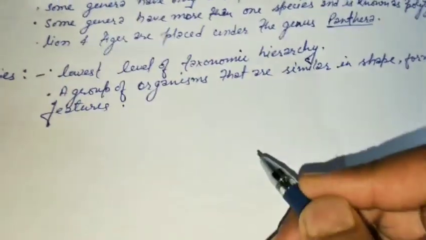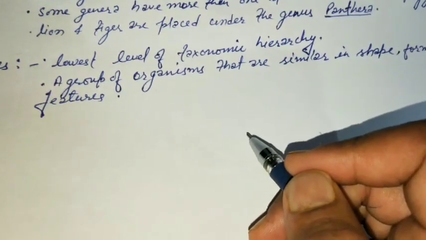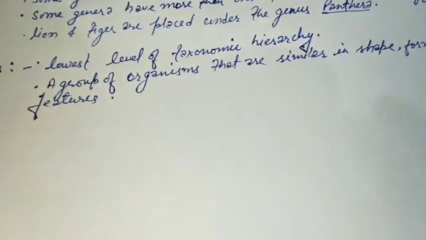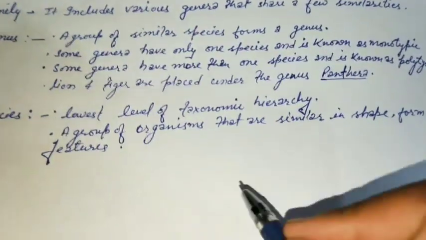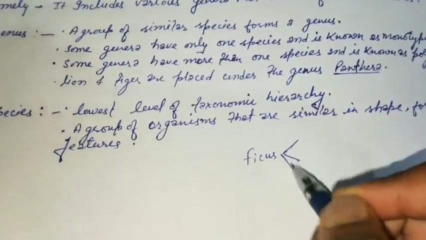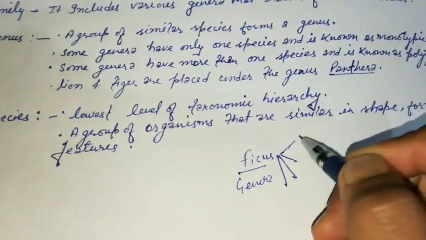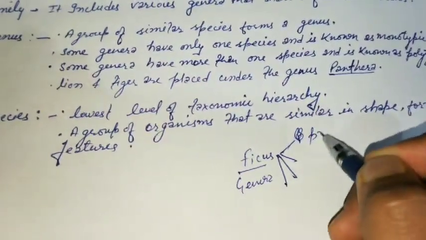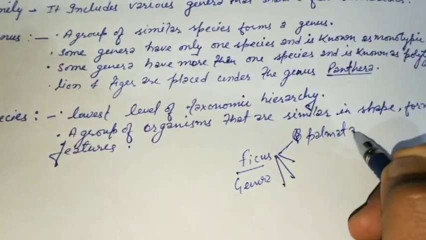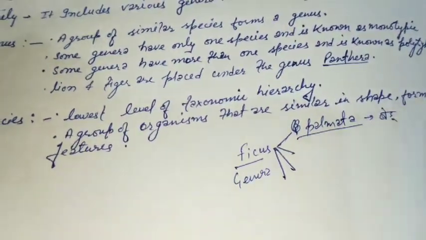In case of plants, let us suppose we talk about a particular genus, which is Ficus. So there are so many species of Ficus. Ficus is the name of the genus. There is Ficus palmata, which is known as bedu in our Kumaoni language.